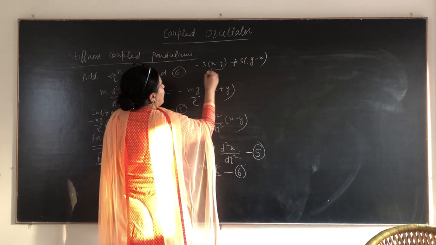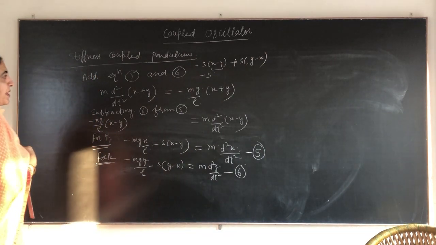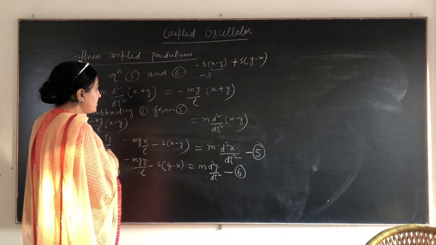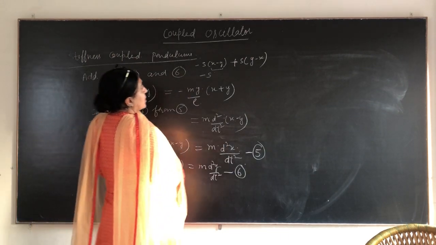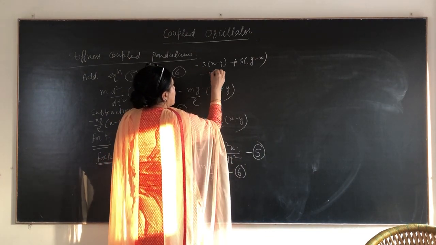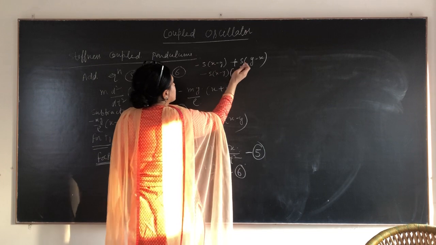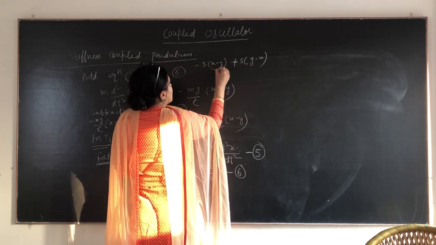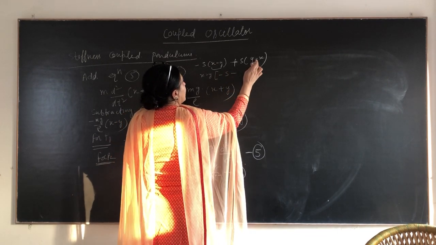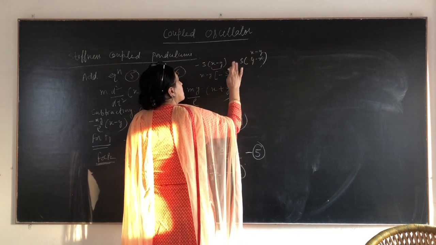Taking minus s x minus y common, minus s minus of this, when I write y minus x as minus of x minus y, the minus will be outside.